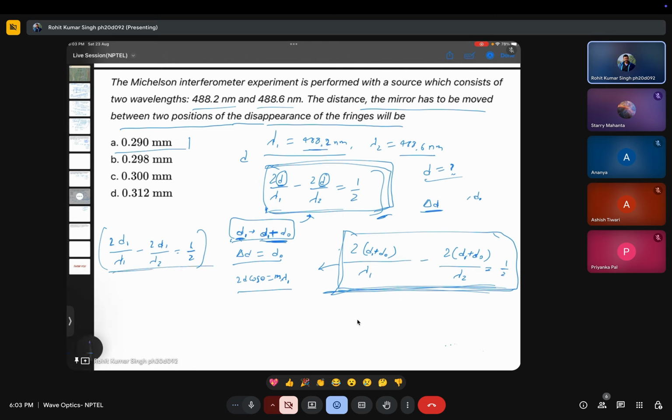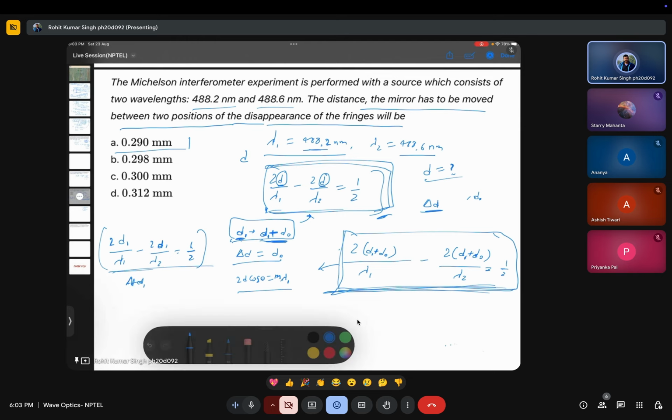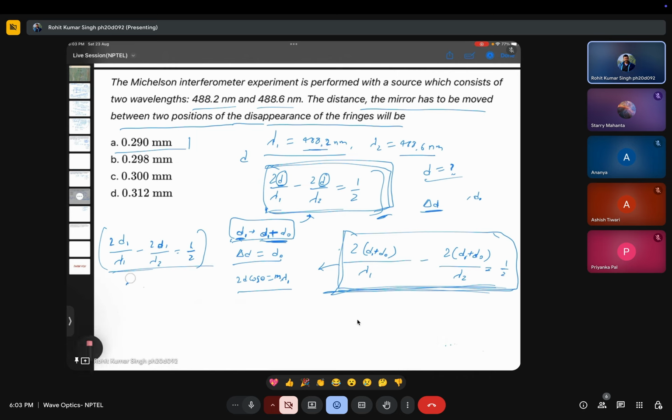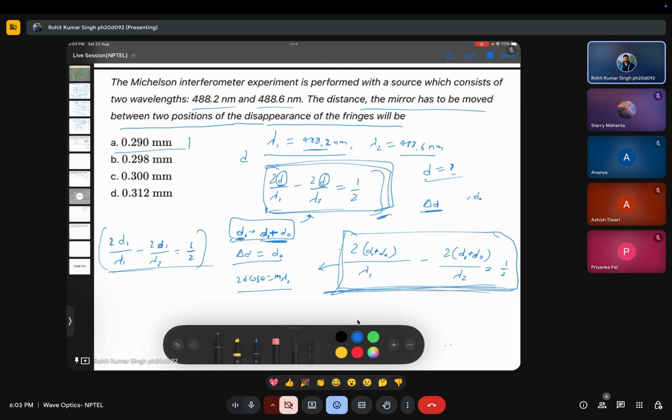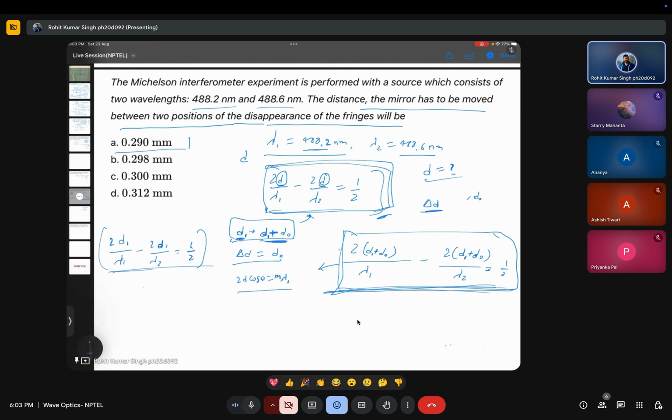So this is one condition, at d1 you had disappearance of fringes. Oh, I see. Sorry. So when we are increasing the distance, the next disappearance will happen at 3/2, right? Not at half. So now you understand what happened.